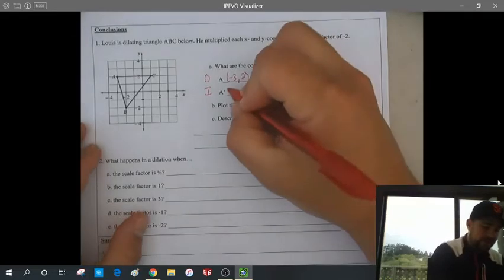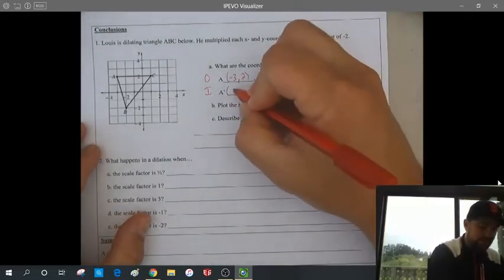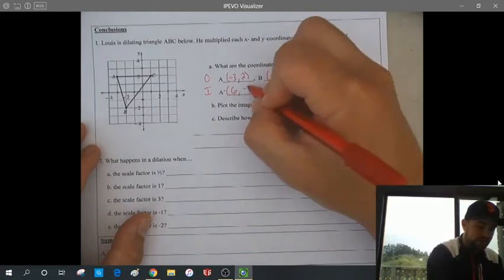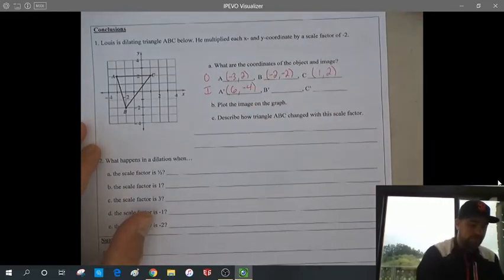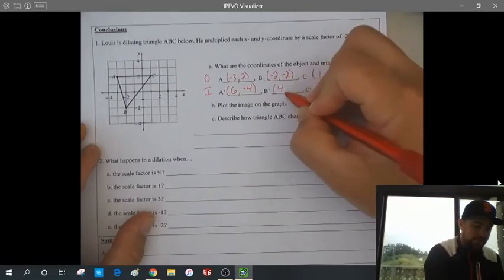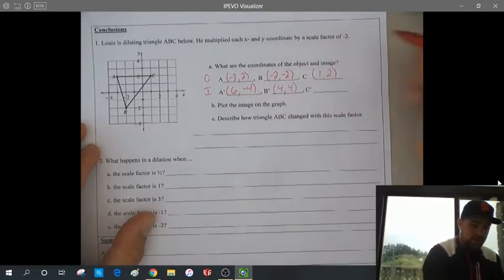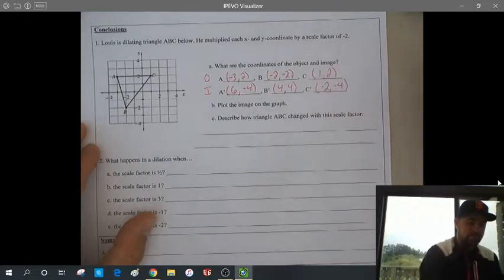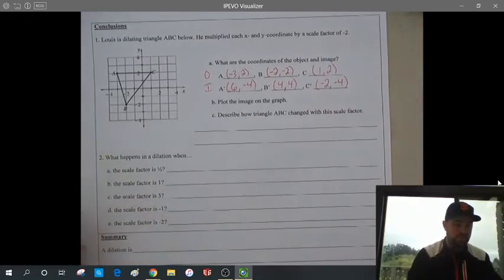Well, if I multiply -3 times -2, that's going to make a +6. 2 times -2 is going to make a -4. -2 times -2 is +4, and same thing here. And then -2 comma -4 will be for C prime.